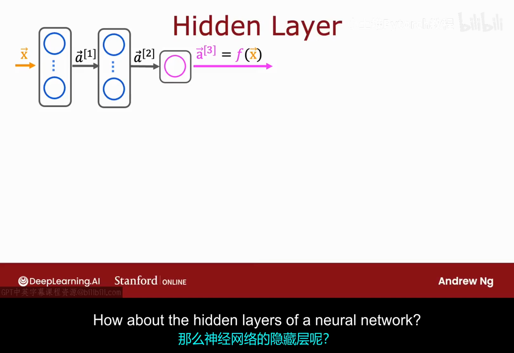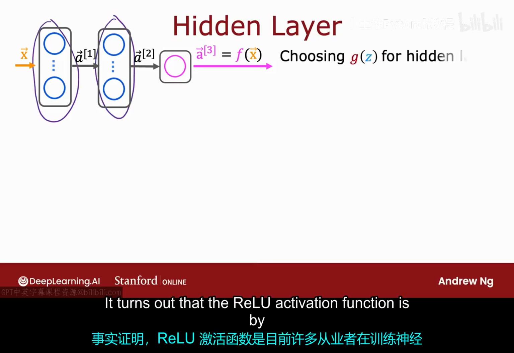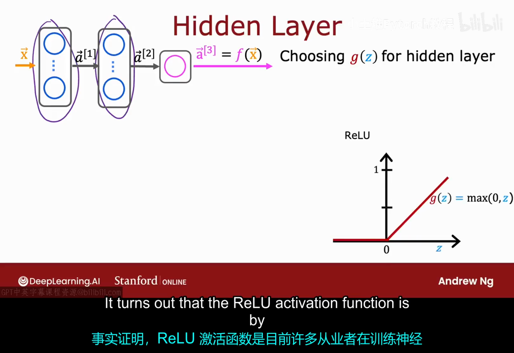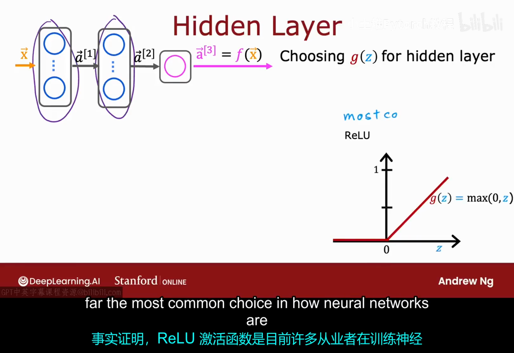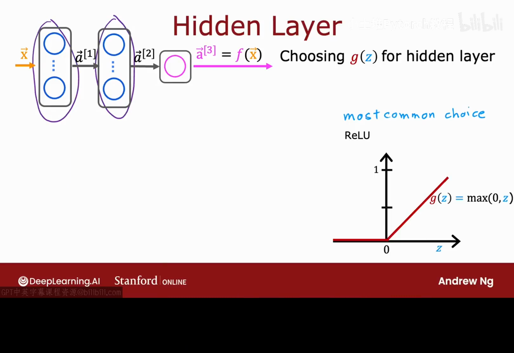How about the hidden layers of a neural network? It turns out that the ReLU activation function is by far the most common choice in how neural networks are trained by many, many practitioners today.